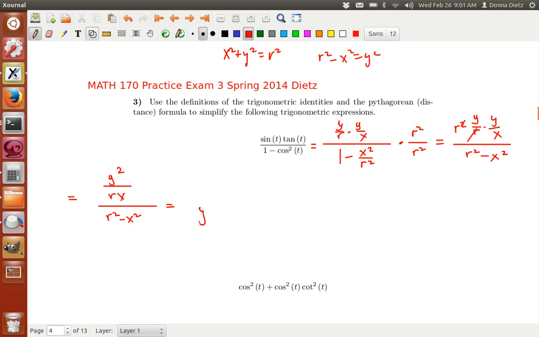Okay, so we've got a y squared downstairs. We have a y squared over rx. And that's actually going to get rid of... actually no, the r is in the numerator, sorry, my bad. This isn't going to work if I do it that way.